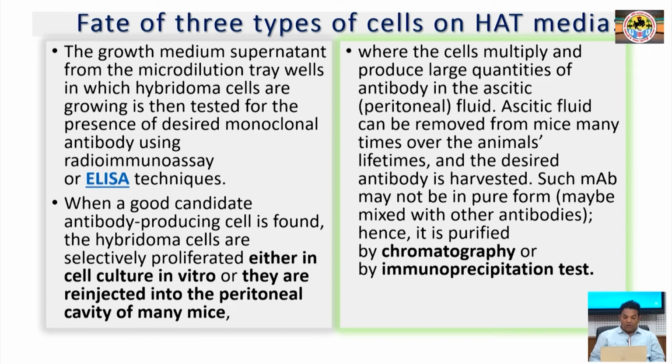When a good candidate antibody producing cell is found, the hybridoma cells are selectively proliferated either in cell culture in vitro, or they can be re-injected. There are two ways. Either after isolation we can culture it again and again to increase the quantity, or we can re-inject it in the mouse and repeat the process for multiplication.